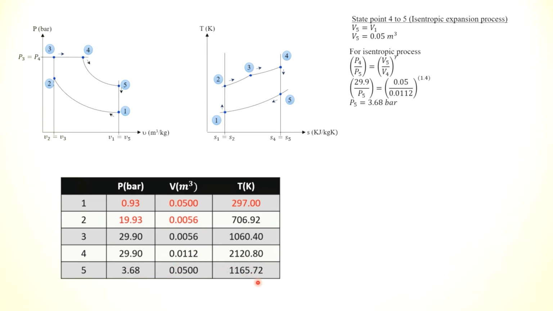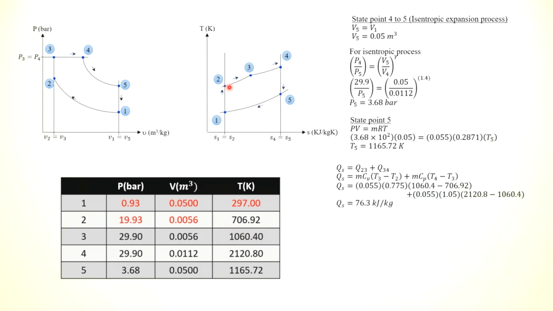Then the last step is to find the temperature T5, which is 1165.72. Once you have all the pressure, volume, and temperature, it is time for us to find the heat supplied and heat rejected, in order to find the net work output, the thermal efficiency, the mean effective pressure, the gross work, the work ratio, and so on.